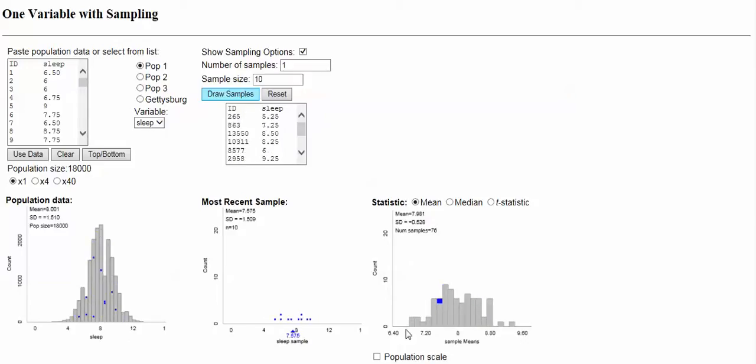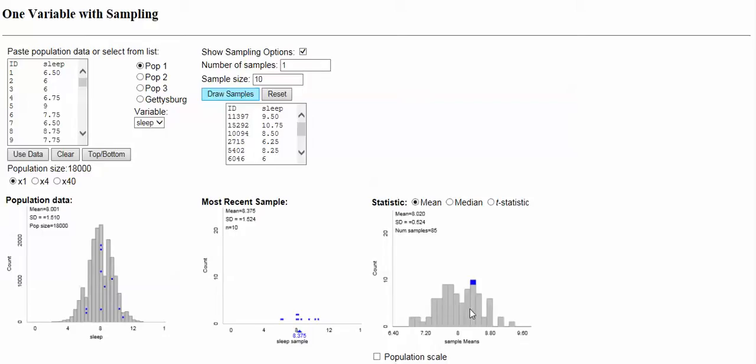Also, the sample means are closer together than the individual people are, because notice how most of the sample means are between 7 and maybe 9, but the individual people are between 5 and 12. So the sample means are always closer together than the individual people are, and that's especially true if the sample size is large.